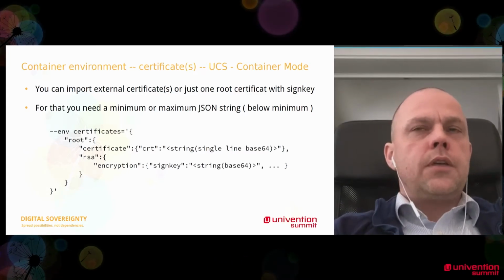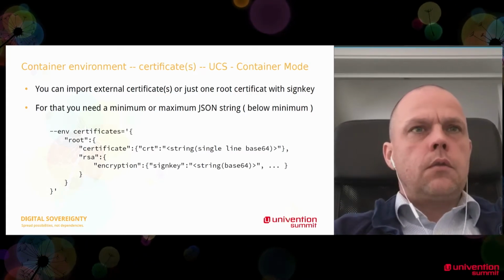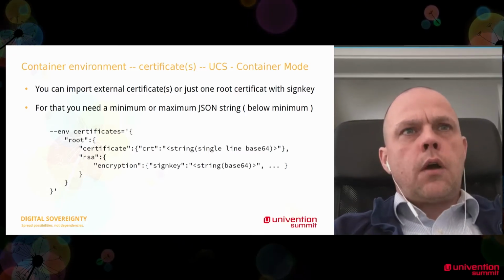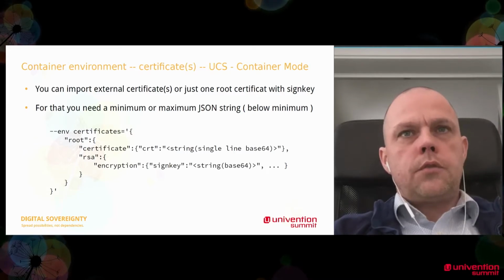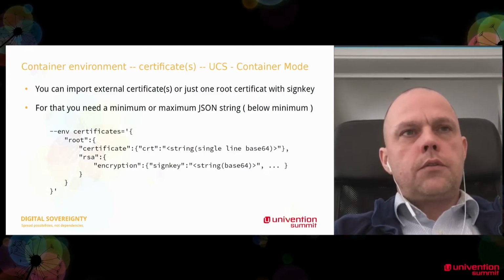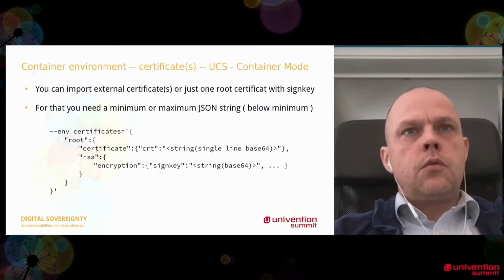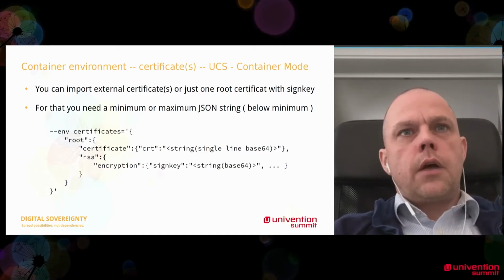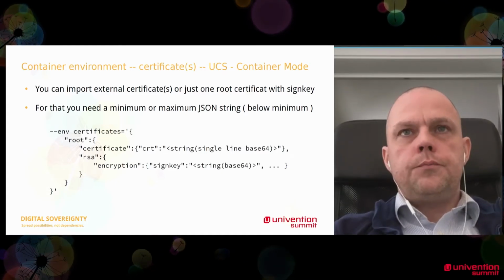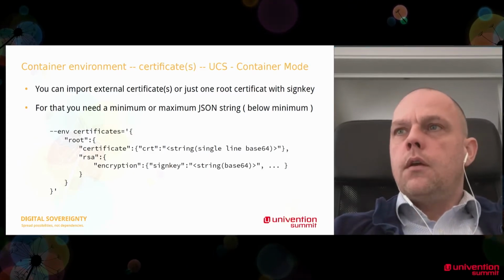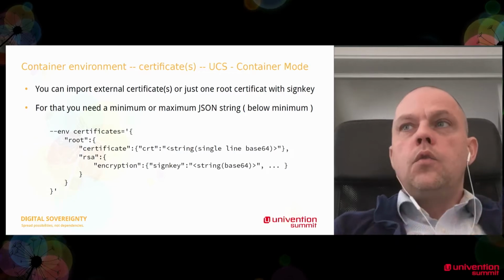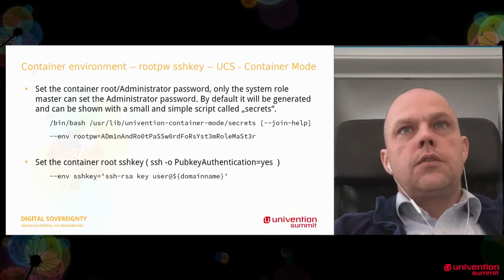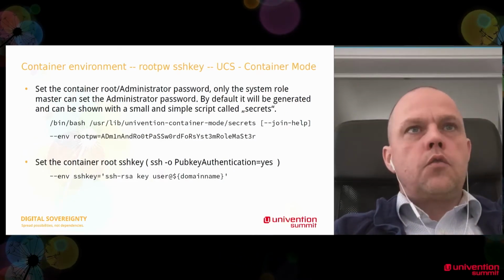We can see here that we are transmitting a root certificate with a single-line base64 string in it, and you simply can put it here. Of course, we need to transmit an encryption key, together with the appropriate sign key.